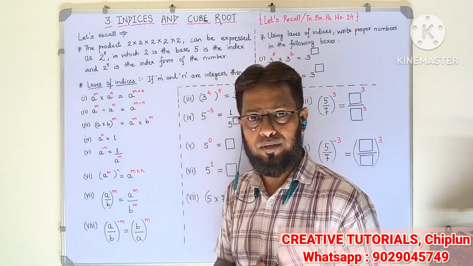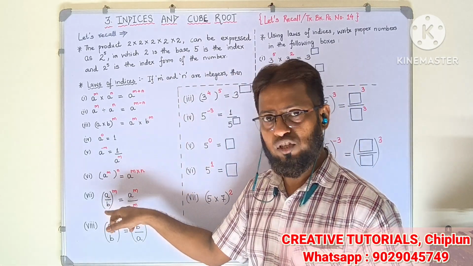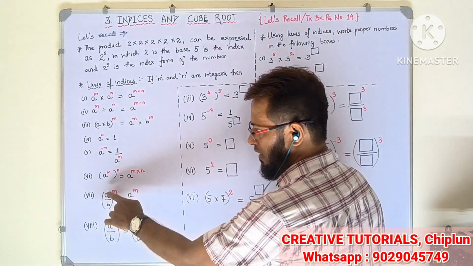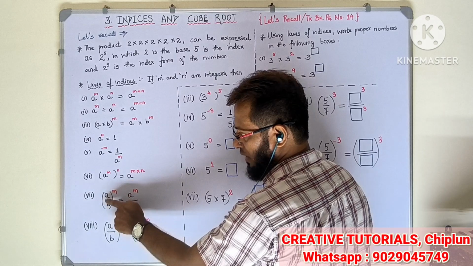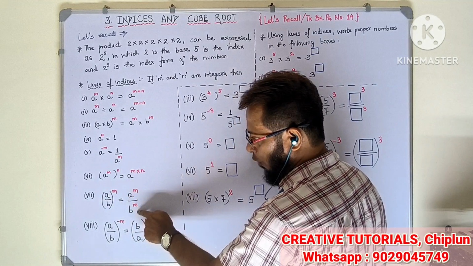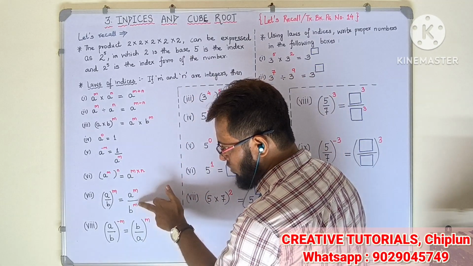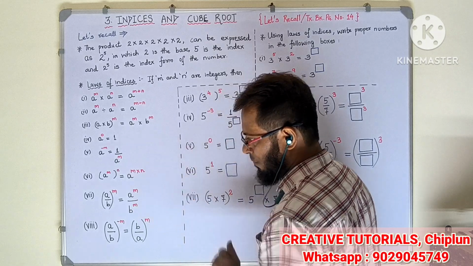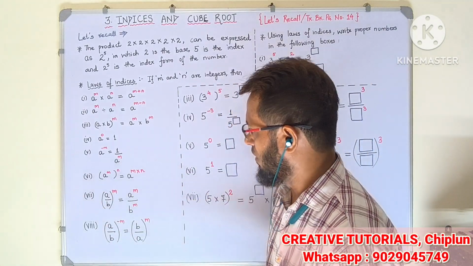So m came with b also. The same thing will happen here in division format. If a upon b is raised to m, this m will go with a as well as b. So this becomes a raised to m upon b raised to m. You can see very clearly that m is with both the numbers, a as well as b.